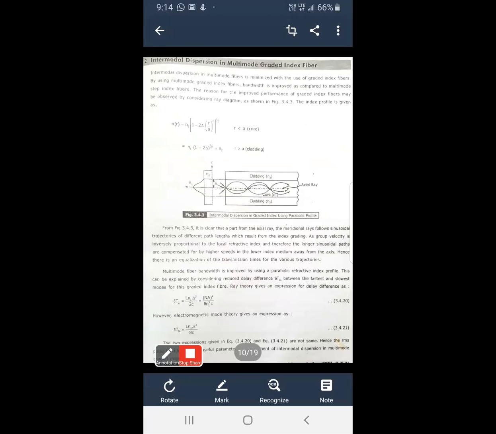In the gradient index fiber we take the expression for the time in that way.